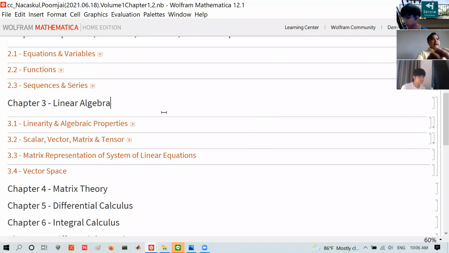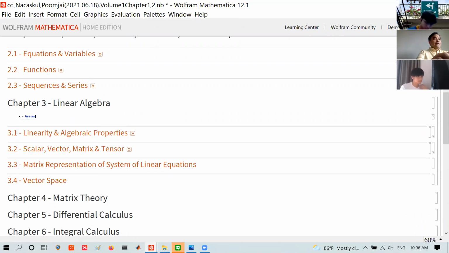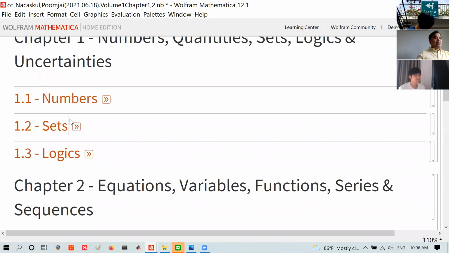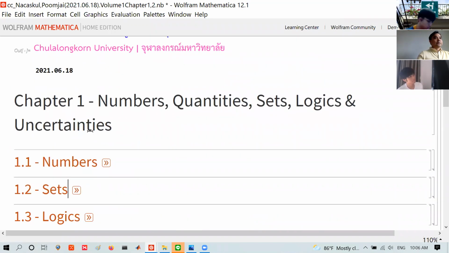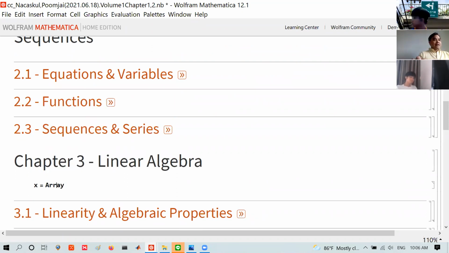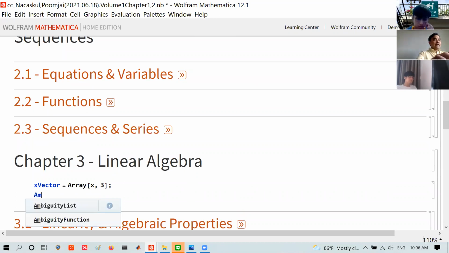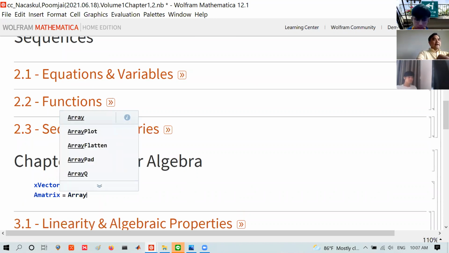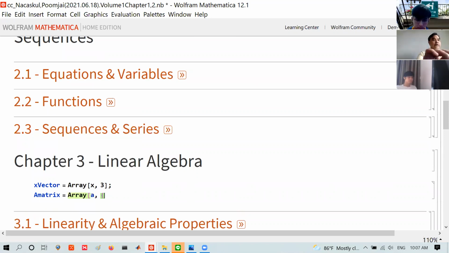If x is an array, a vector x of dimension 3, then a matrix is an array, a 3 by 3 matrix, right?